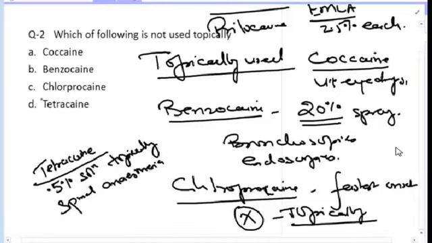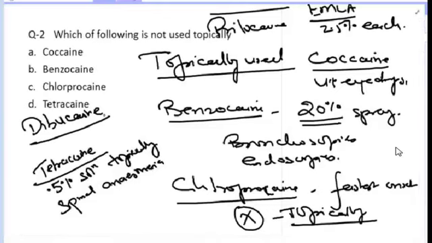And dibucaine. Dibucaine can also be used topically. So, to summarize, topically used local anesthetics are cocaine, benzocaine, tetracaine, lignocaine, prilocaine, and dibucaine.